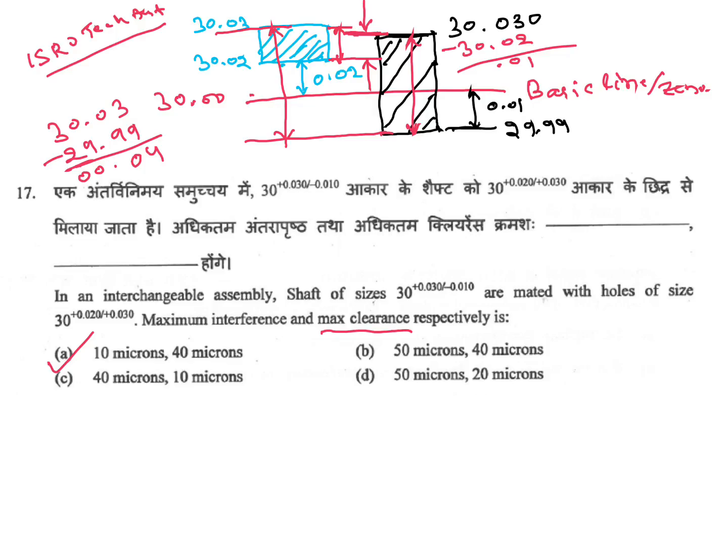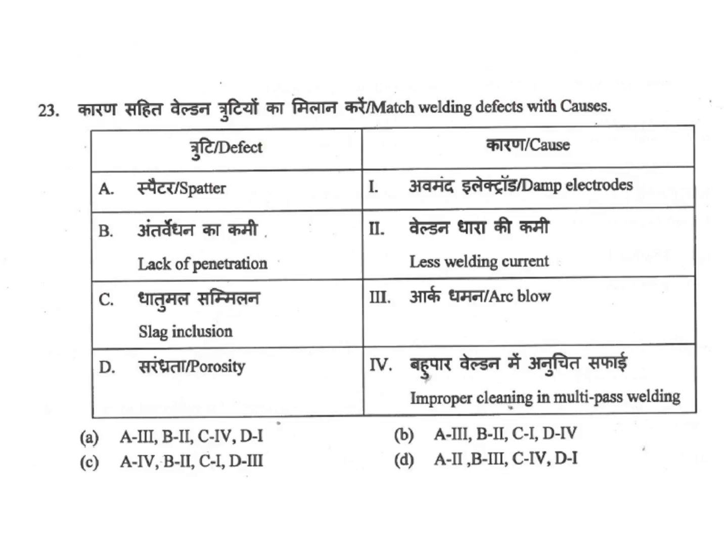This type of List 1 and List 2 matching was already discussed in IAS question papers. Defect and cause. Welding defects are spatter, lack of penetration, slag inclusion, porosity. Porosity we know is from damp electrodes. Then slag inclusions are also from improper cleaning.